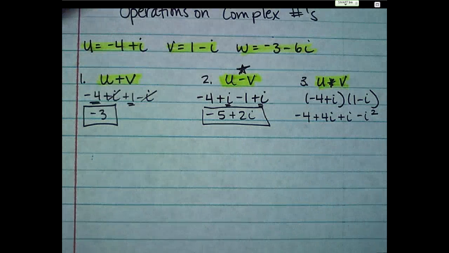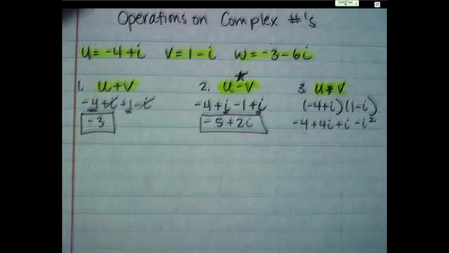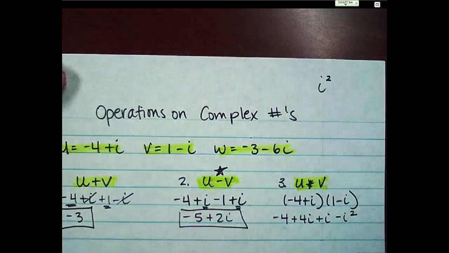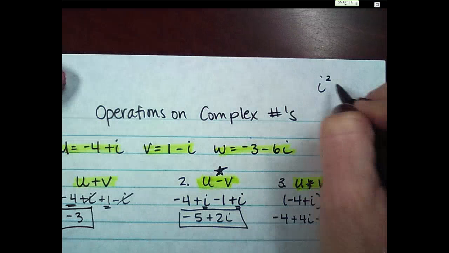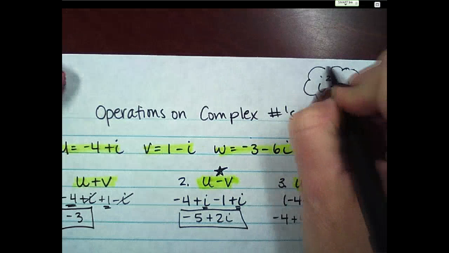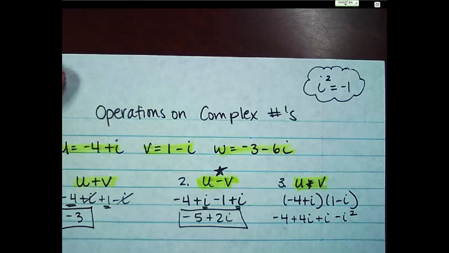Okay, back to Algebra 2, and I think we've even done it here in pre-cal. What is the value of an i squared? It's a -1. Okay, the value of i squared is -1.